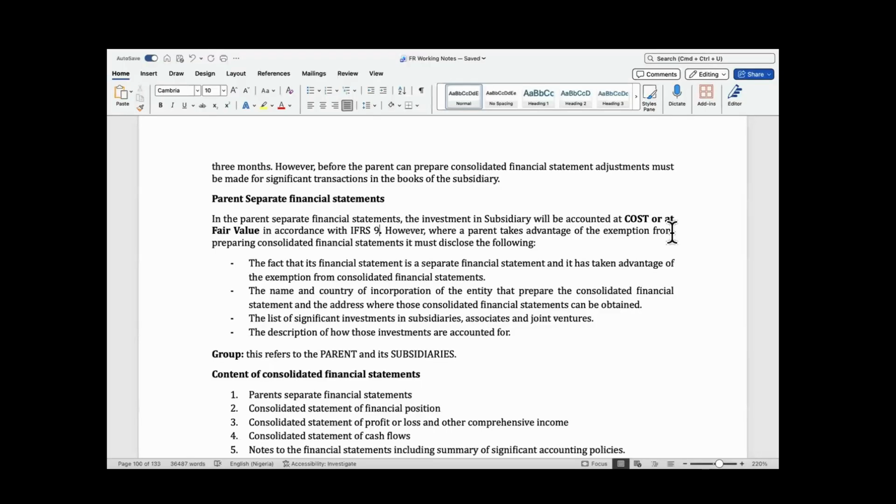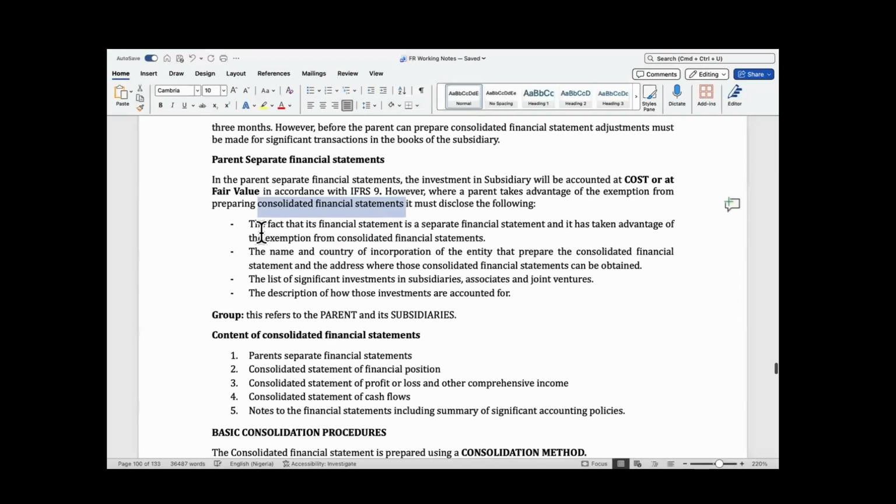And again, if you have subsidiaries and you decide not to prepare consolidated accounts, you need to make the following disclosures. I've seen this question before for 5 marks: if an entity decides to take advantage of the exemption, what are the disclosures it must make? Very simple and logical.